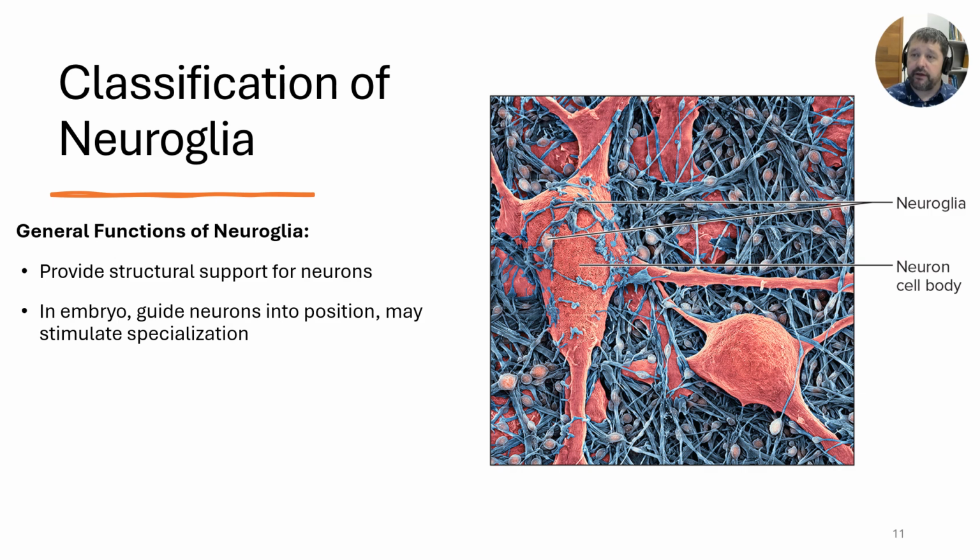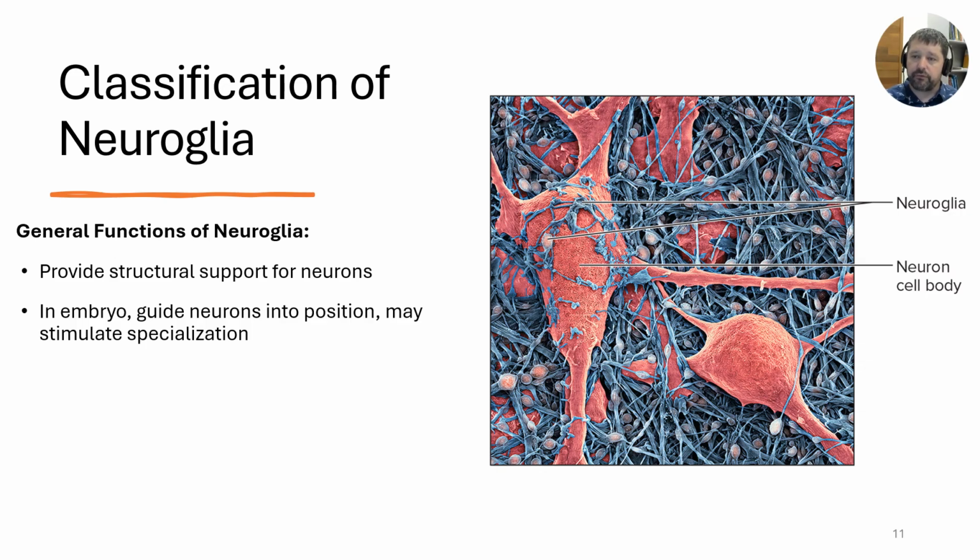So lots of ways at which this occurs. The first way is in an embryo. These neuroglia cells often will usher or guide the neuron to the position where the neuron needs to be, and we believe they also probably play a fairly large role in specializing the nerve. So determining what that nerve is going to be and what that region is going to stimulate.